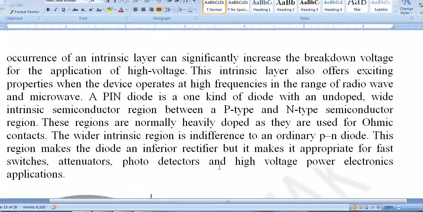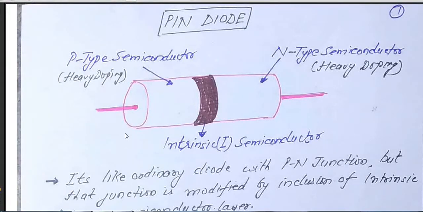high voltage power electronics applications. So in this picture, we can see a simple structure of a PIN diode. Here this is the p-type semiconductor, which is heavily doped. This is the n-type semiconductor, which is also very heavily doped, and this is the intrinsic or I semiconductor.